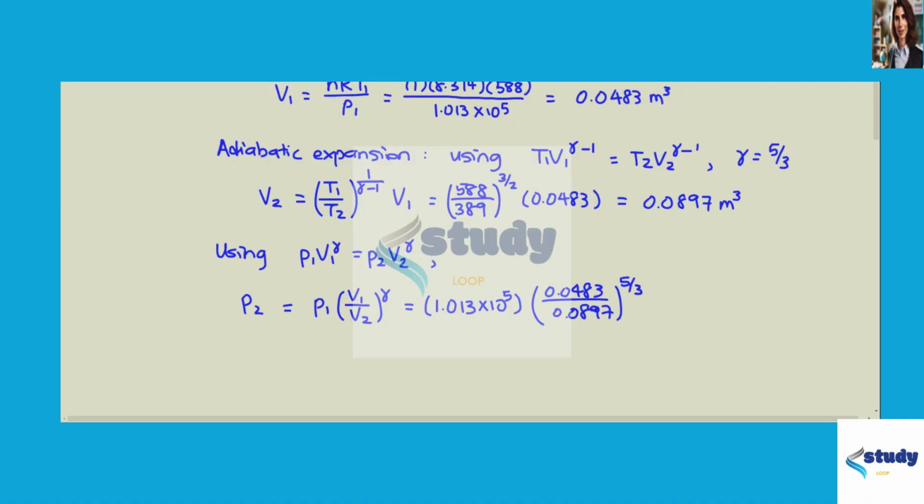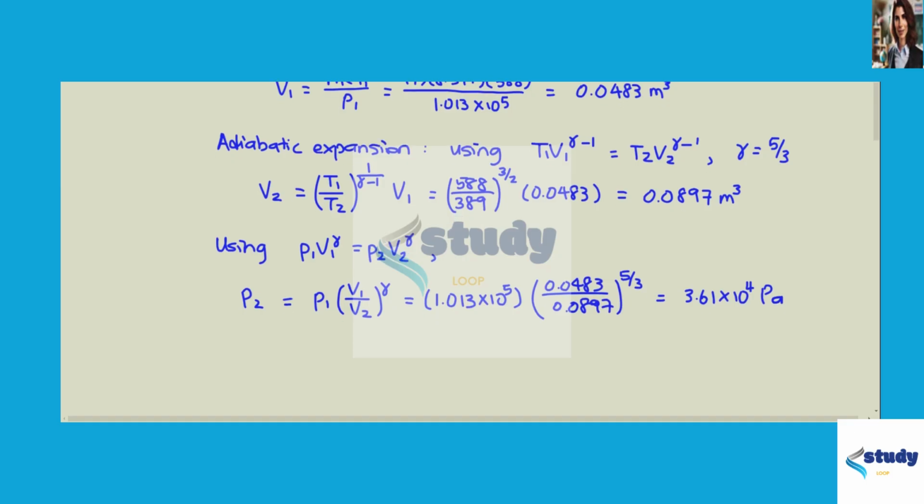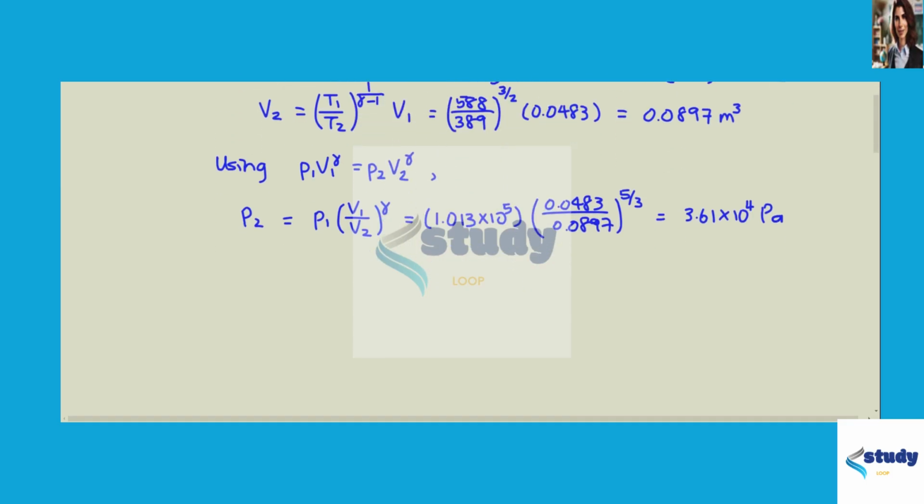Gamma is 5 over 3, and you get 3.61 times 10 to the 4 Pascal. We also know that V3 equals V1, because it is an isochoric process.